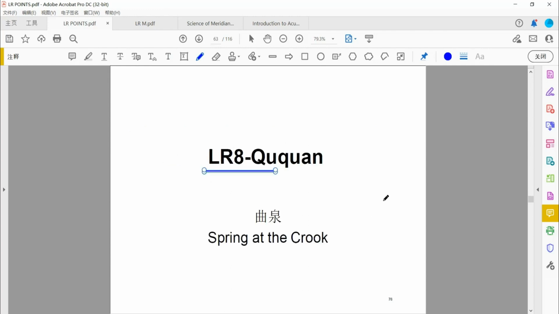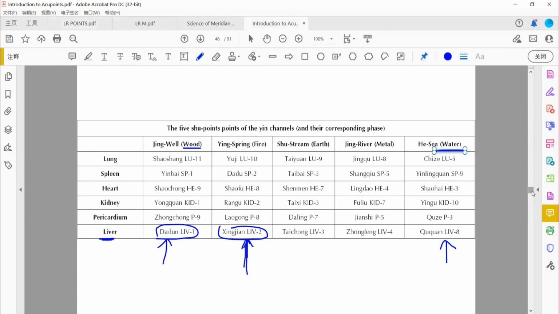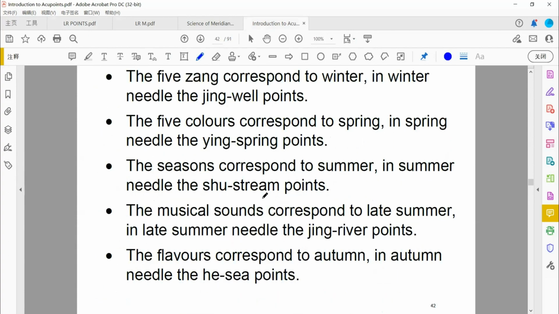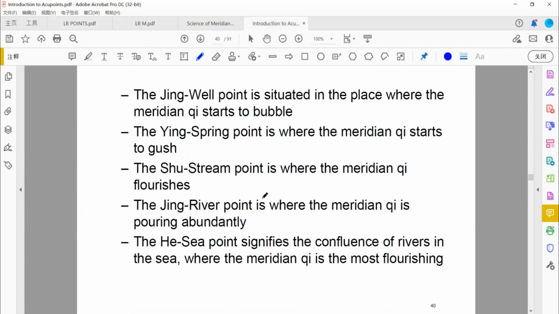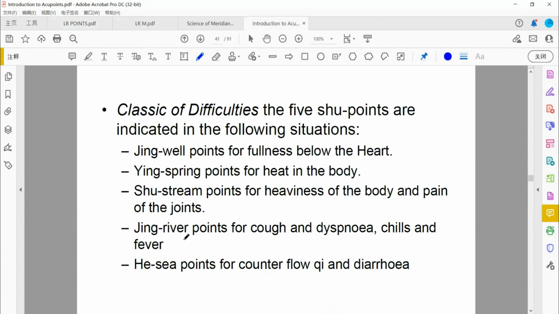Liver 8, Ququan, the He-Sea point. Let's take a look at the introduction, a quick review of the five elements. Jing well, Ying spring, Shu stream, Jing river, and the He-Sea point.